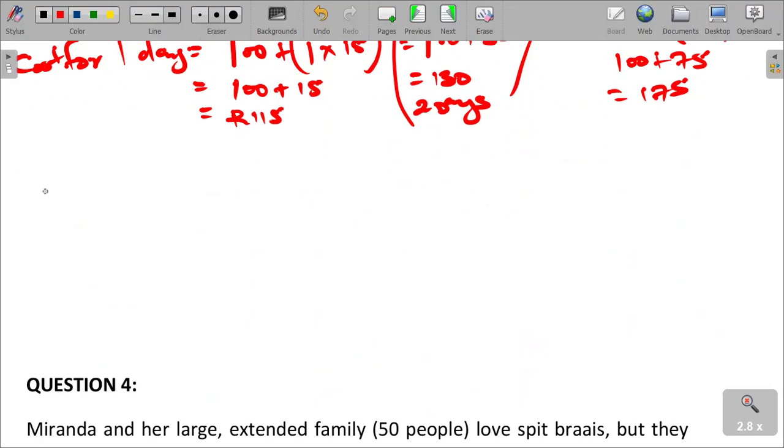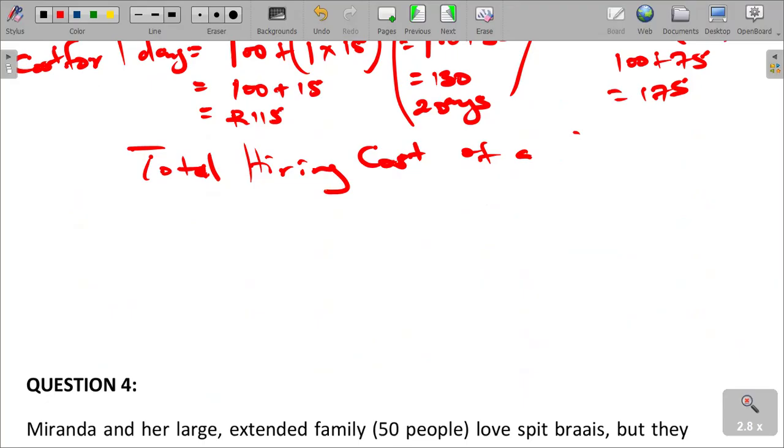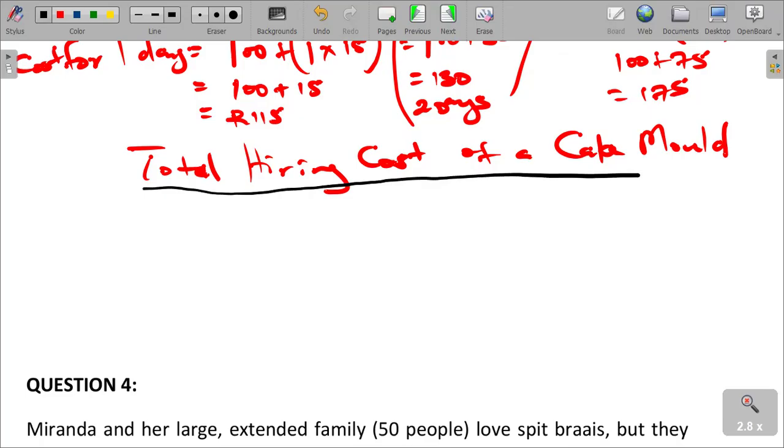Total hiring cost of a cake mold. That is the title of the graph that we are going to draw here.